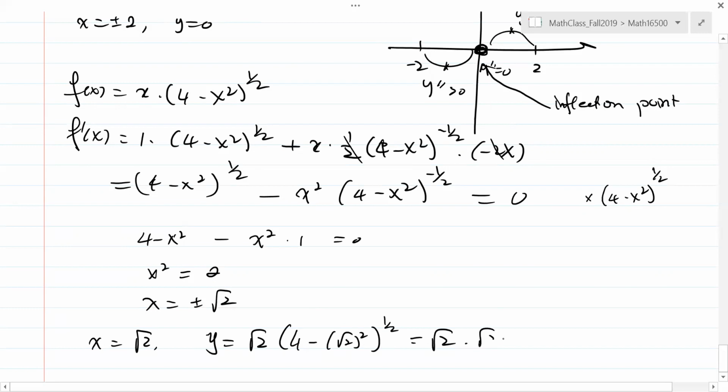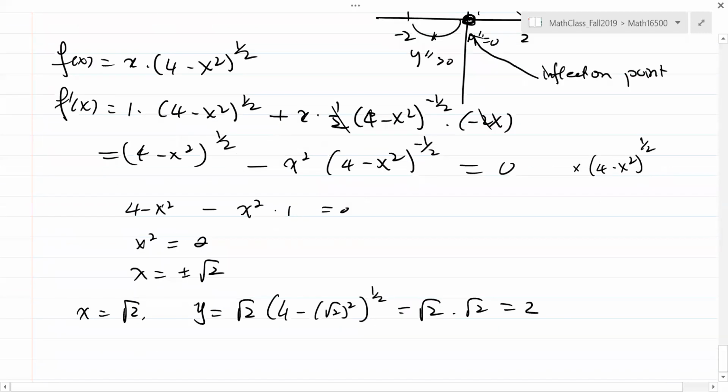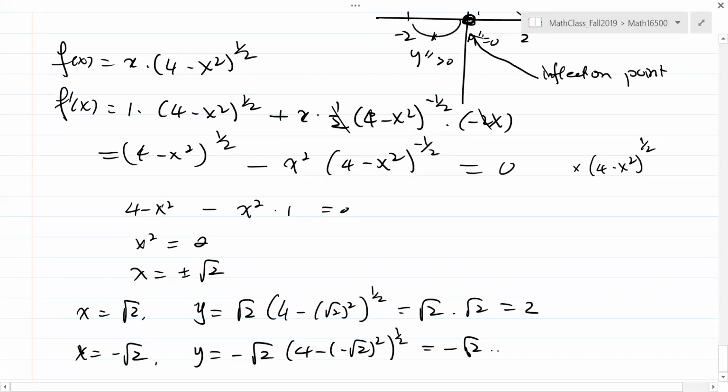And here is also square root 2. So when x equals negative square root 2, y is going to be negative square root 2, since (4 minus negative square root 2 squared) to the 1/2 is the same. So it's going to be plus minus 2. All right, so you get the absolute maximum value and absolute minimum value. Sketch the graph.